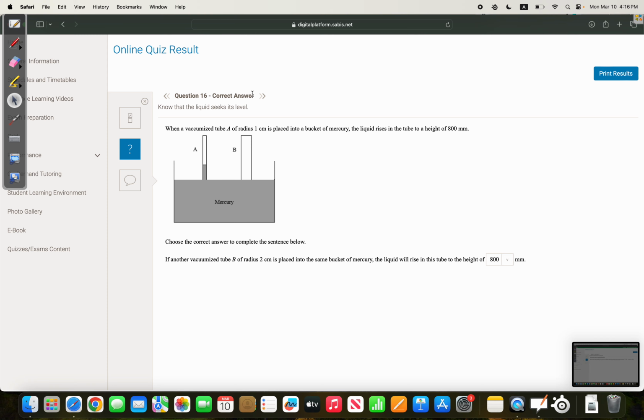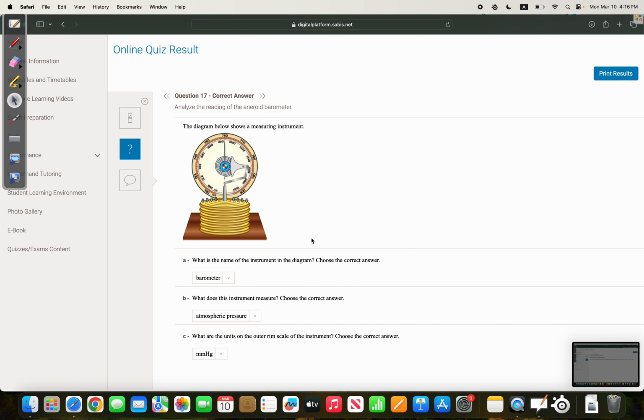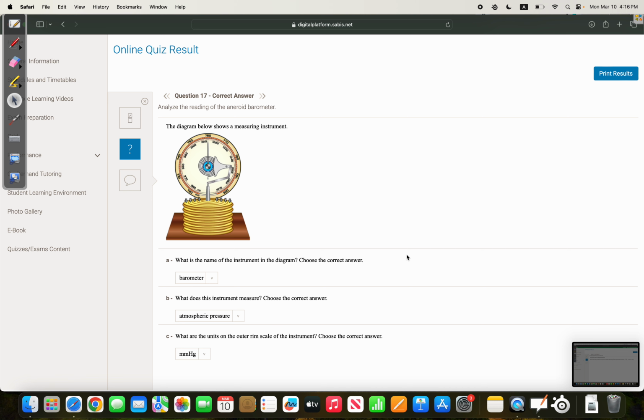Number 17. So this is a barometer which measures atmospheric pressure, or pressure due to the atmosphere, and the unit that is used to measure the pressure with this instrument is millimeter mercury.